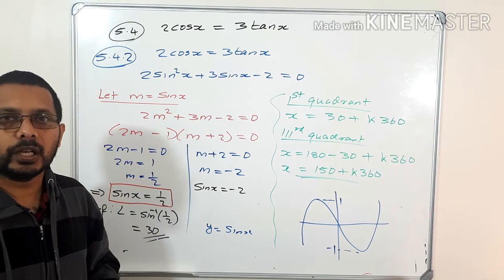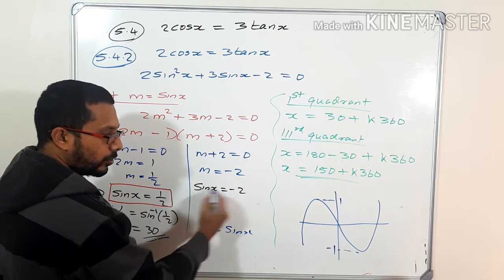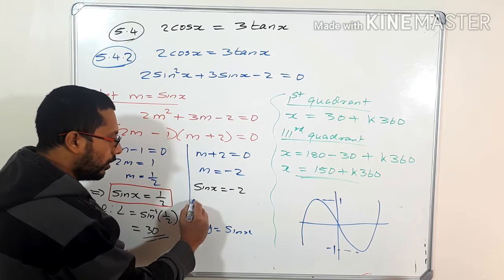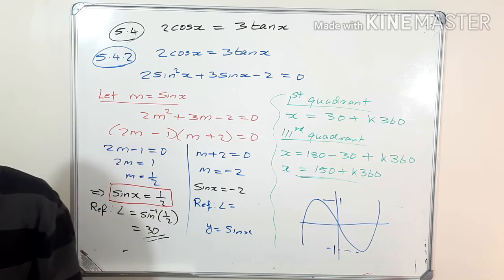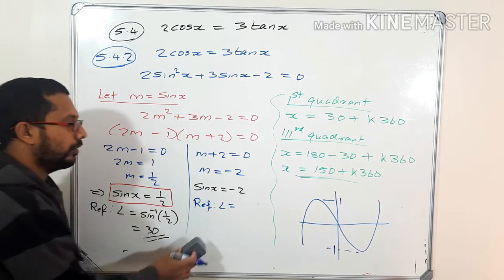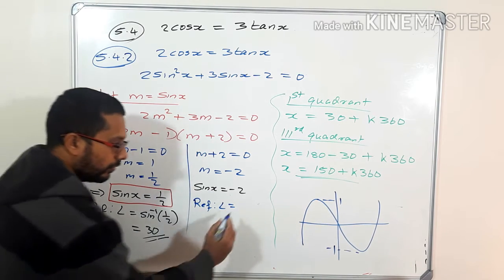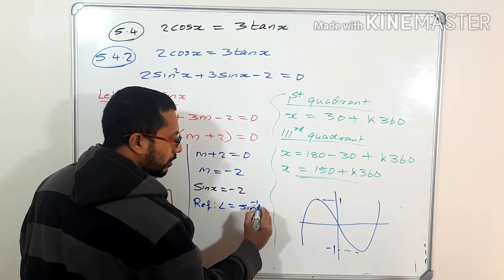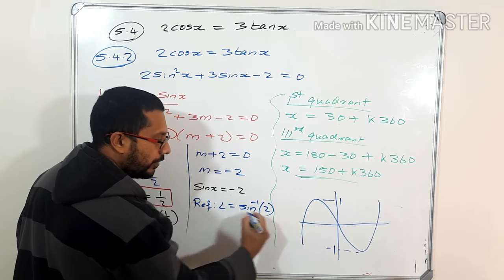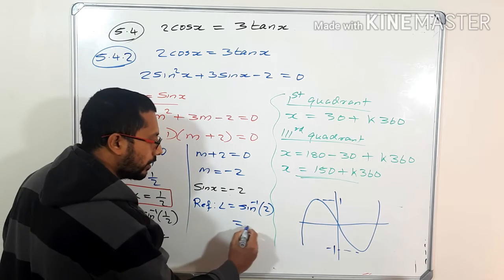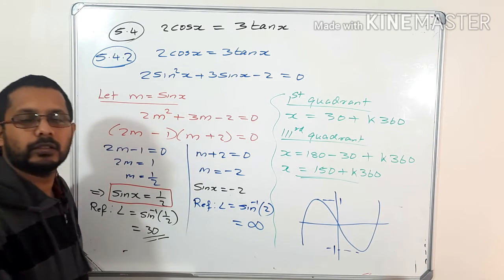Or you take your calculator and try to find the reference angle. You are supposed to find the reference angle, am I right? How can you find the reference angle? Sine inverse of 2; you just avoid this minus to find the reference angle. So what is the answer in your calculator?